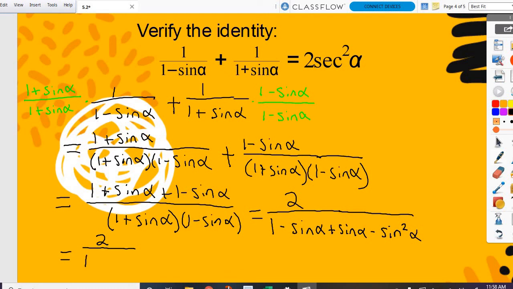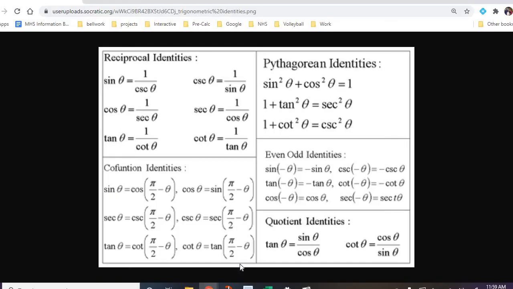So I'm just left with 1 minus sine squared of alpha. Well, what is 1 minus sine squared of alpha? We have a squared there, which should tell me I'm probably going to use one of my Pythagorean identities. Notice if we subtract sine squared from both sides on our first one, then we get cosine squared of alpha equals 1 minus sine squared.